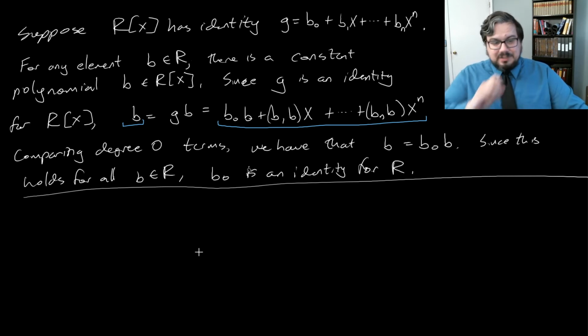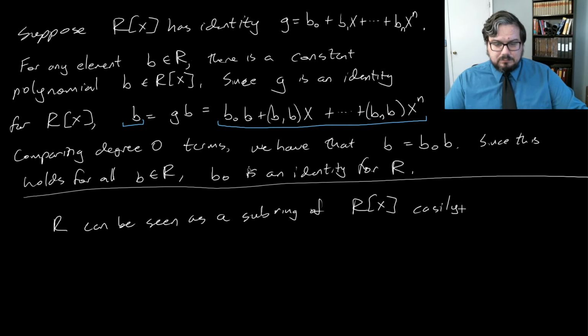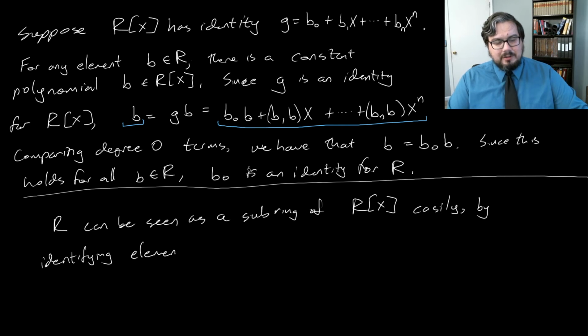One thing that I do want to mention, that we'll be using more or less tacitly throughout this discussion, is that the ring R can be seen as a subring of R adjoin X easily, by identifying elements of R with the corresponding constant polynomial.